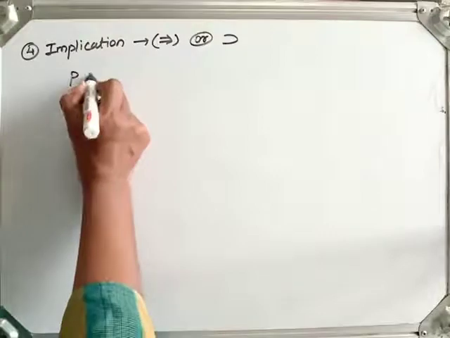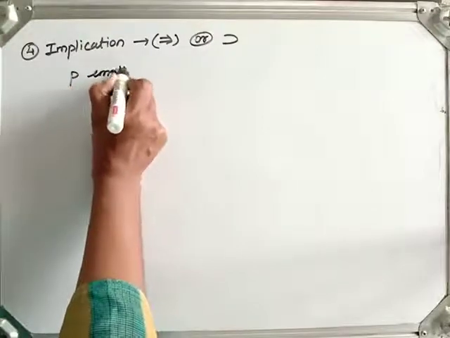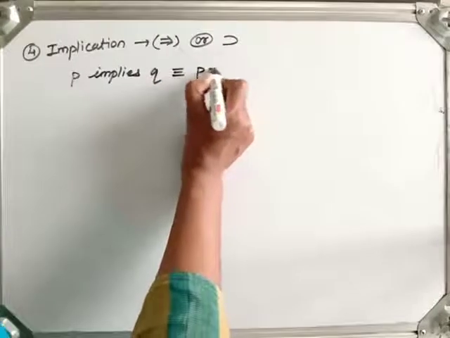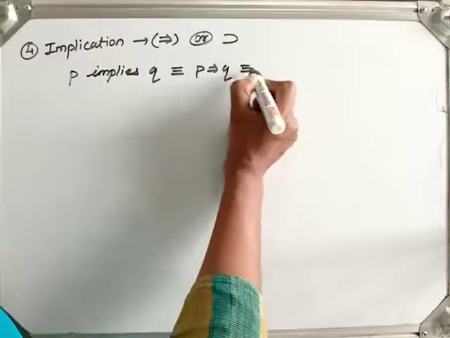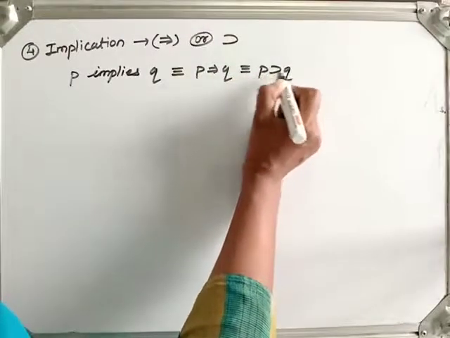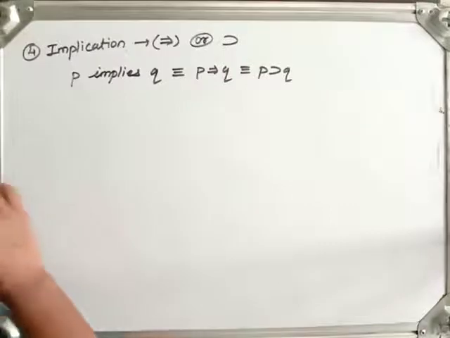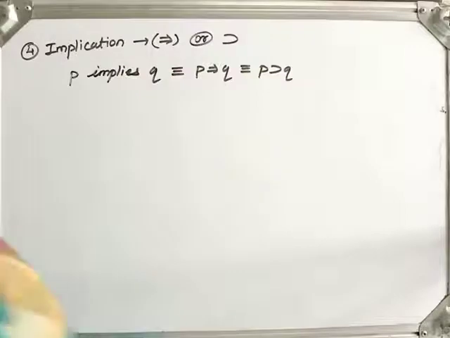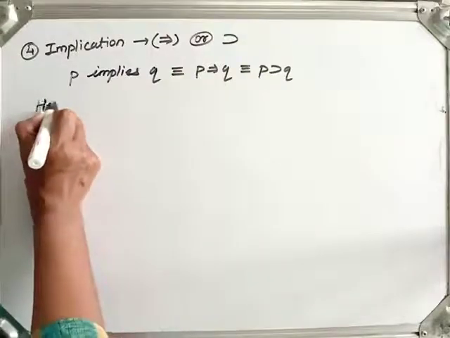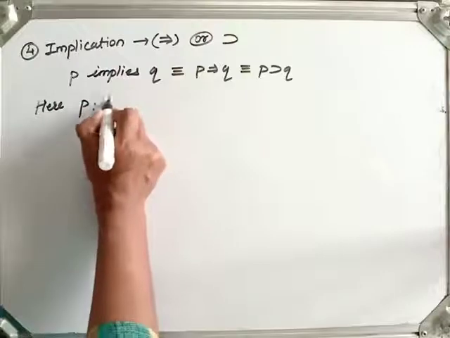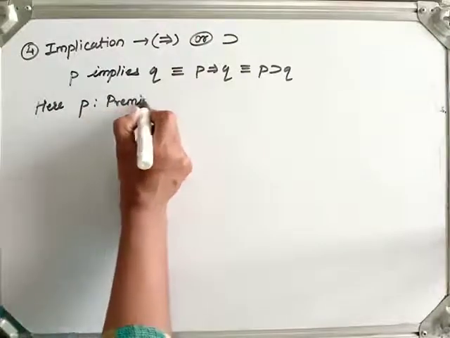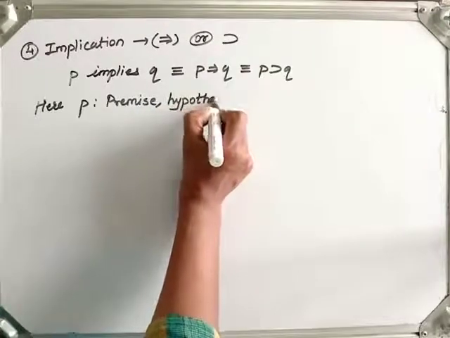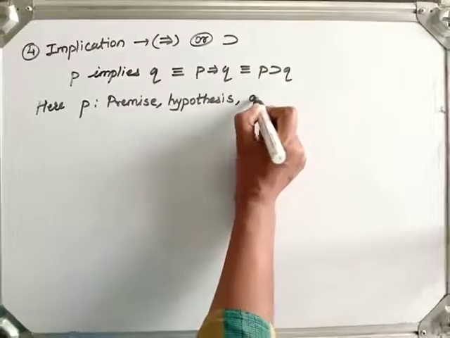So here we will write P implies Q. Both notations can be used, but we are using this notation having an arrow. Now here P is known as the premise, hypothesis, or also antecedent.